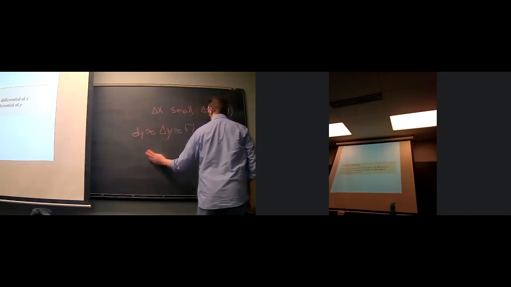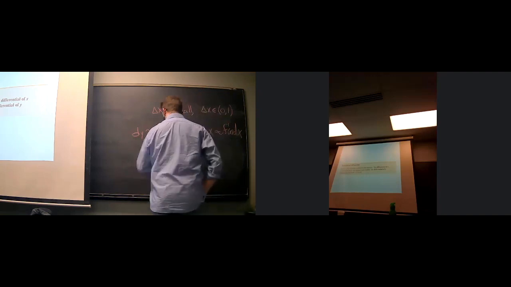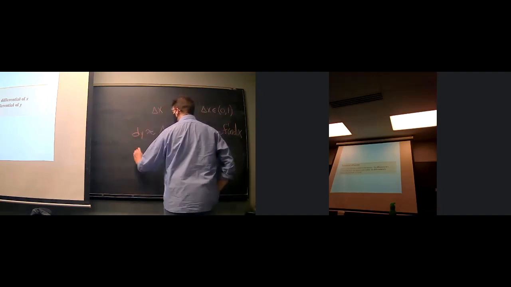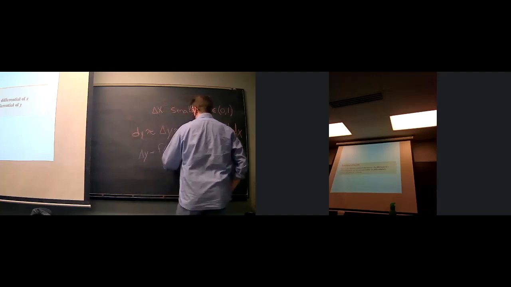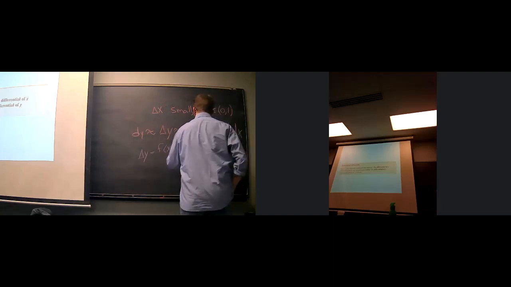Now, having said that, this isn't exactly clear just yet, is it? So why don't we unpack this a little bit? Let's look at what delta y is. Delta y, we know, is equal to f at x plus delta x minus f at x, right?